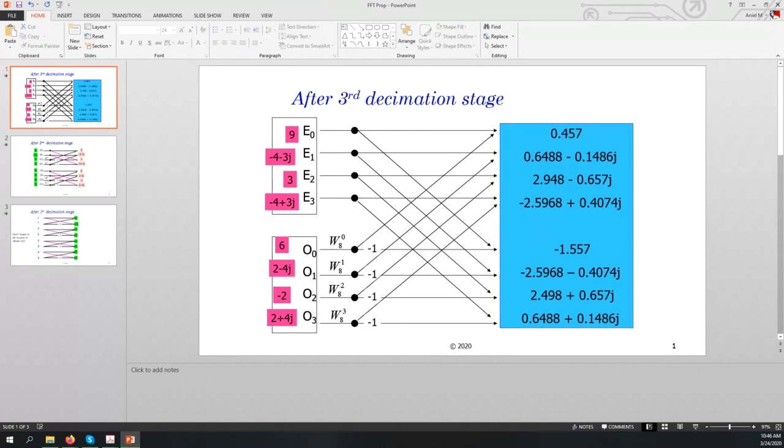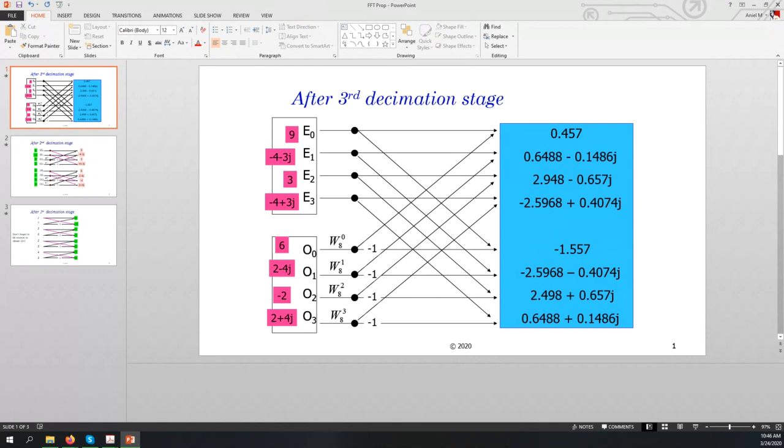Similarly, for the next half of the butterfly, this is going to be E naught going downwards to the 1.557 part here, plus O naught multiplied by W8 of naught, but we have this minus 1 here currently. So this is going to be E naught minus O naught W8 of naught, and that is going to be equal to negative 1.557.